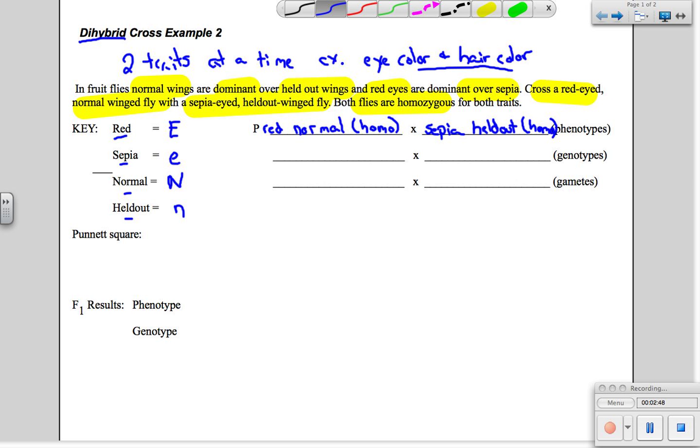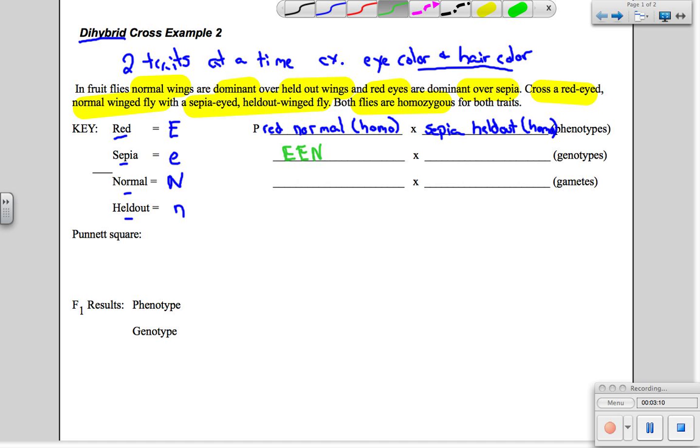Next, I'm going to go ahead and write out the parent genotypes, the actual alleles that they have. They're red and homozygous for red eye color. Homozygous meaning two of the same alleles. The allele for red eyes is a capital E, so they have two uppercase E's. They're also homozygous for the normal wings. Check my allele key.